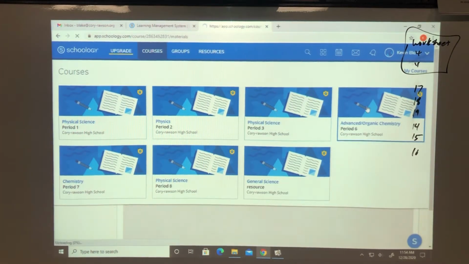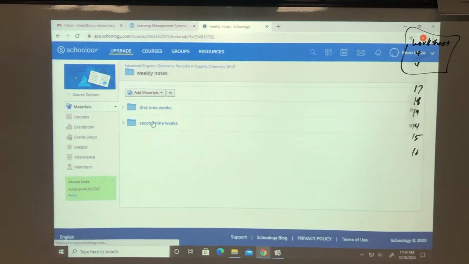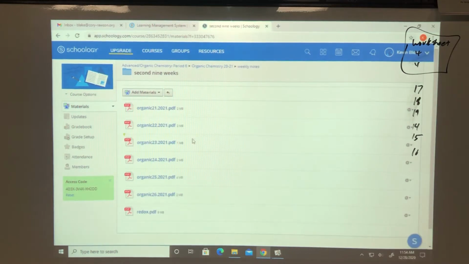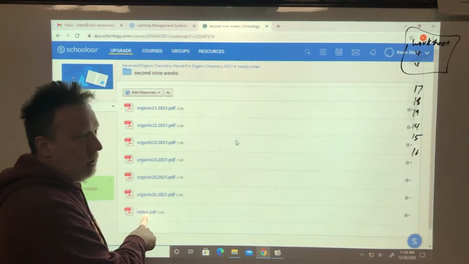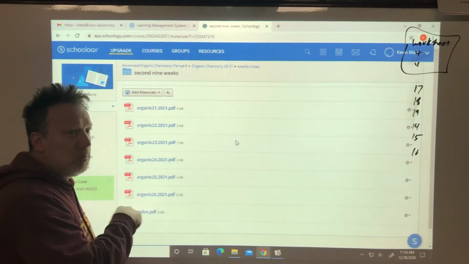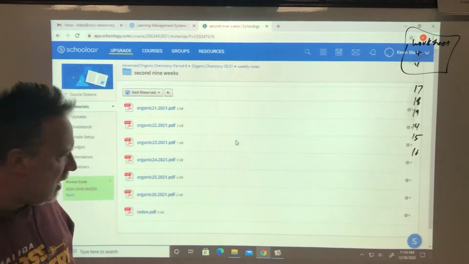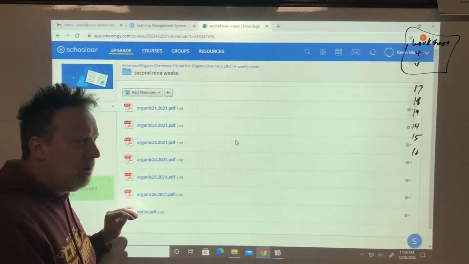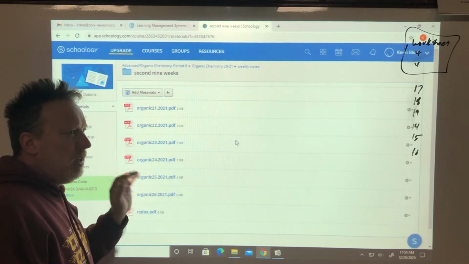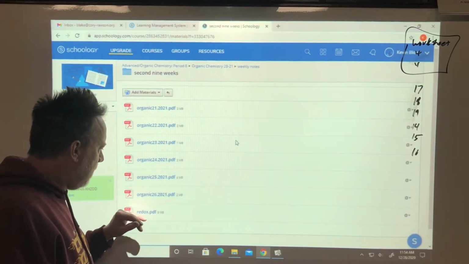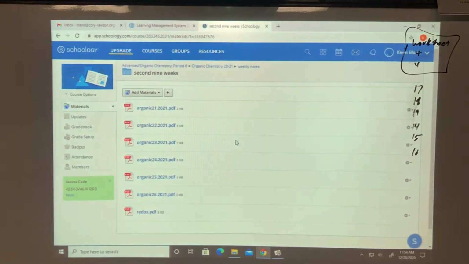If we go to weekly notes, this needs deleted and the new one printed and put here, and then 2.7 after that. So we'll finish up redox. We did really all that section on the whole project that ended with the ornaments, and then we'll do some redox and we'll jump back into this book, hopefully later this week.